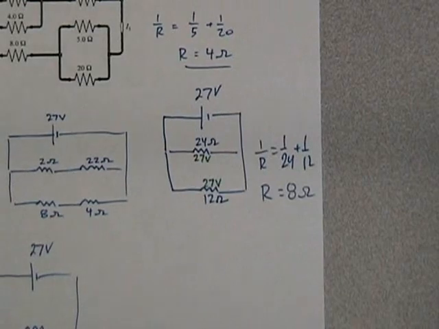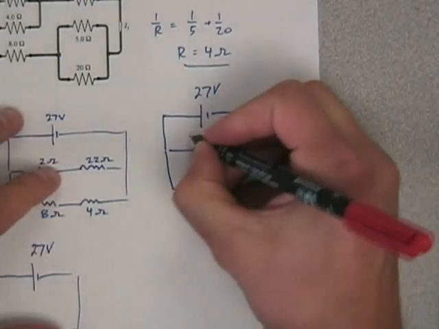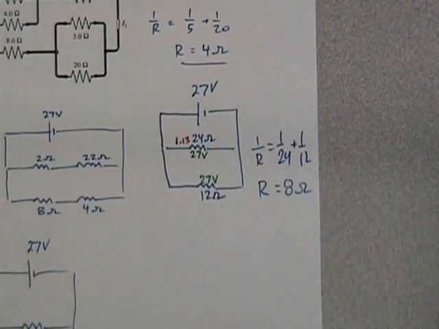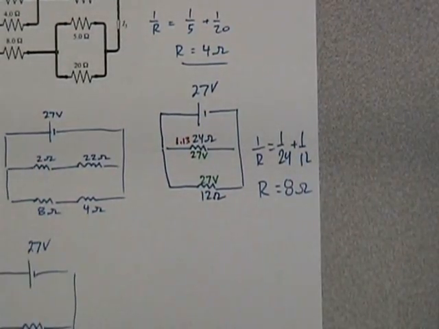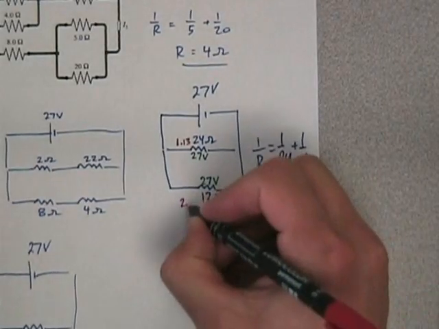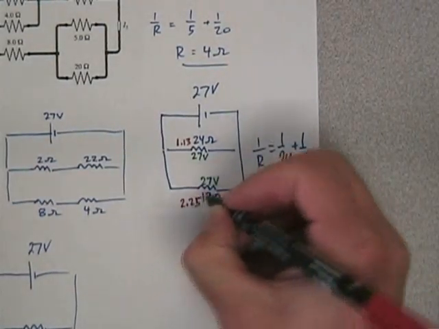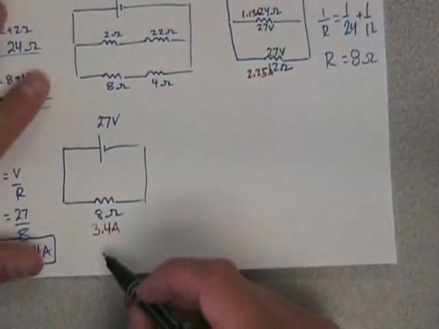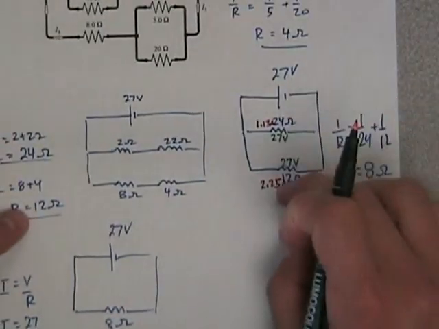That's 1.125. I'm going to call it 1.13. And 27 divided by 12 is 2.25. And when you add those two up, they end up being pretty close to 3.4. So perfect. So there's my two currents.